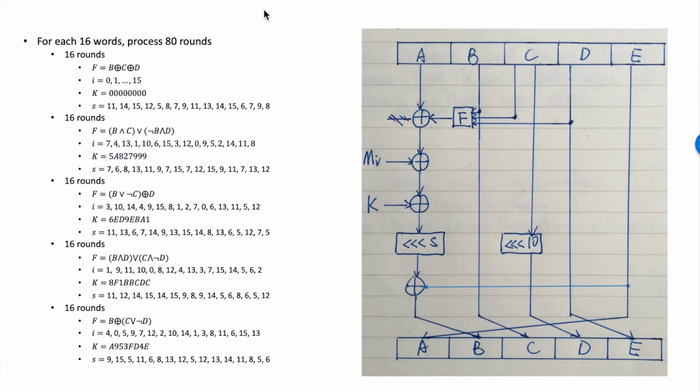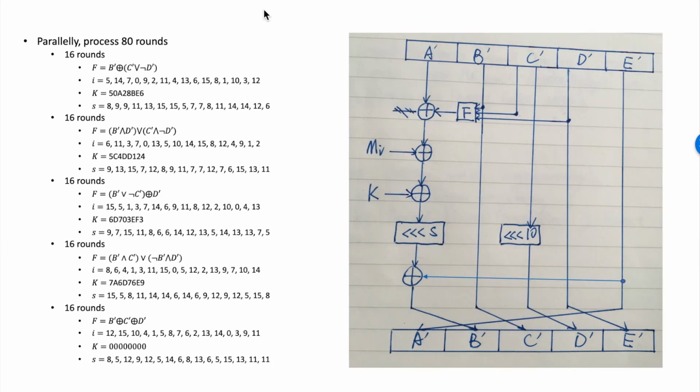Moreover, for these 16 words, we will use the other set of buffers to process them in parallel. So we also process 80 rounds here. The operations on these buffers are also the same as the previous ones, but with different functions and parameters.